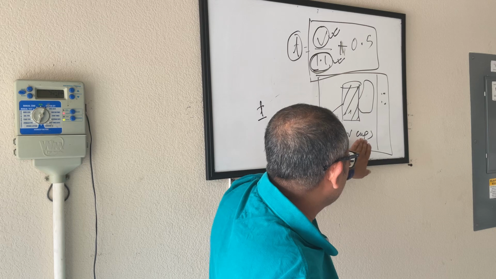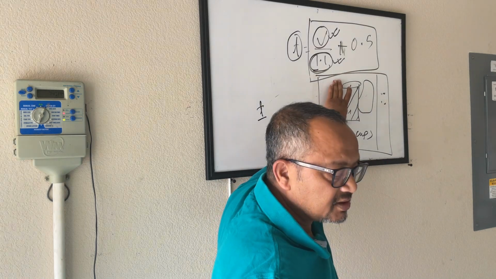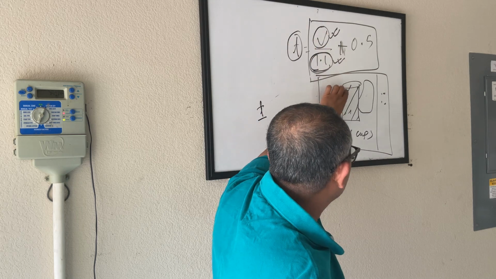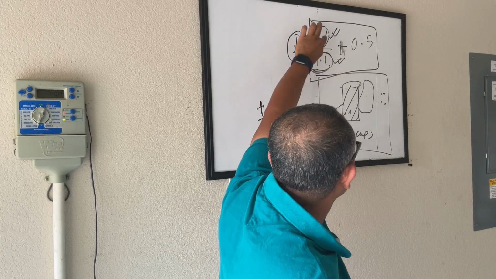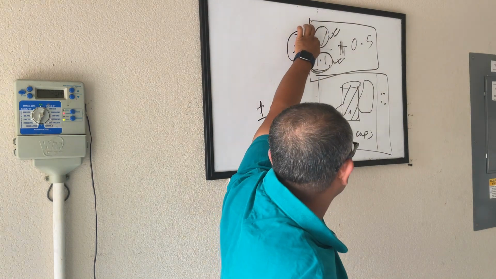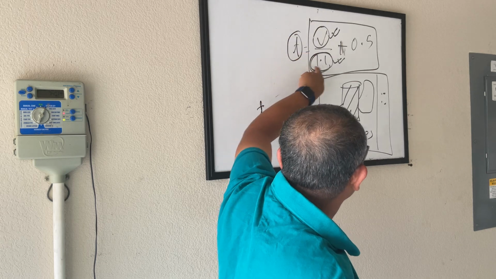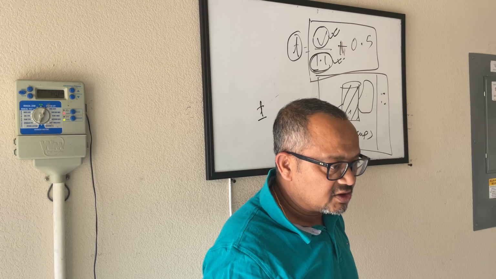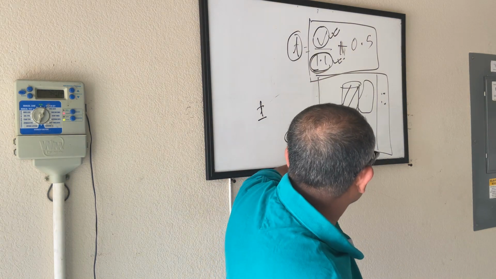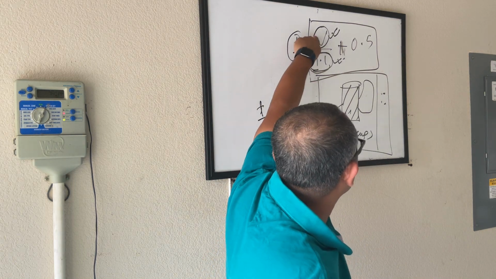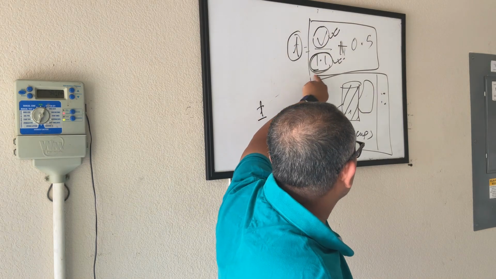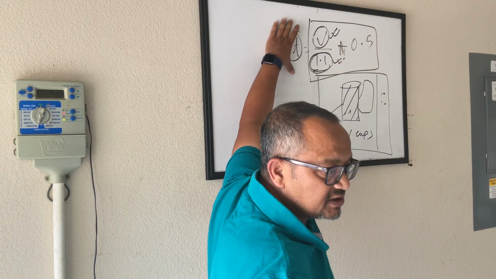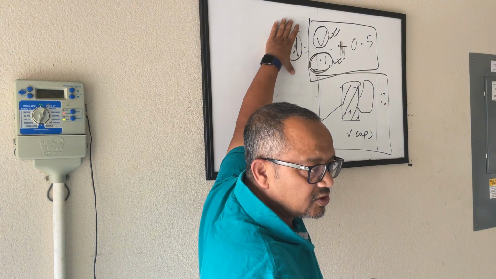V is the volume of the ceramic mug, meaning if you fill it, let's say if V is 1 cup, you'll put V equal to 1 here. 1 by 1.1 plus 0.5, this is the total time taken for boiling the water. If it is 2 cups, you'll put 2 here. 2 by 1.1 plus 0.5 will be the time, that many minutes is the time taken for boiling that water.